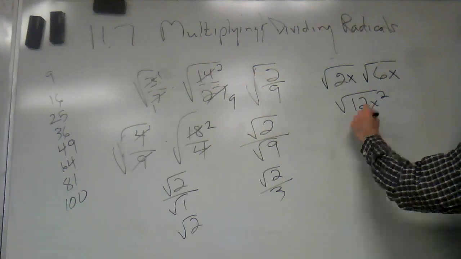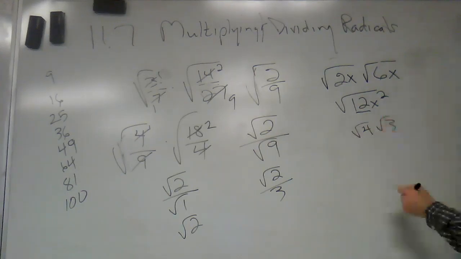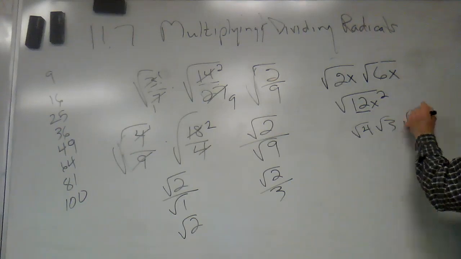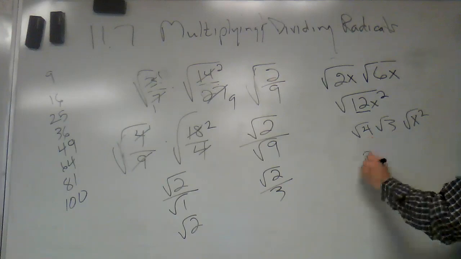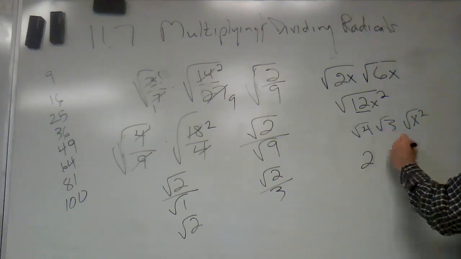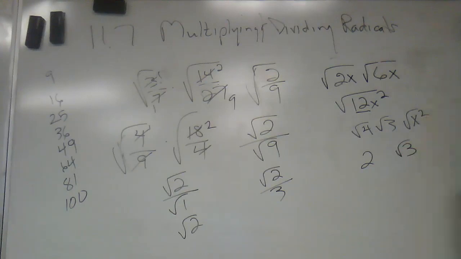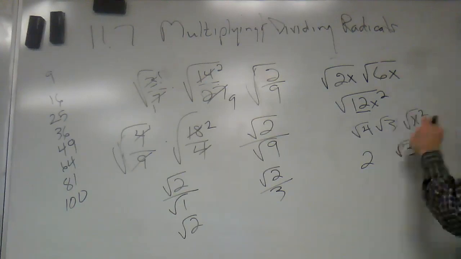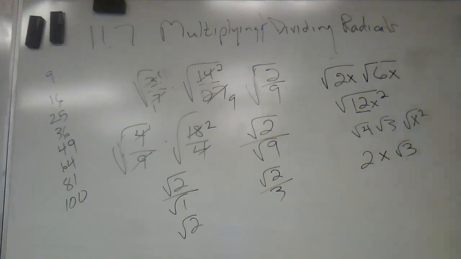So we can break that 12 down into 4 and 3, and we also have x squared. So let's start with 4. What would that give us? 2. 3 does not break down. X squared. What do we do with our power? Do you remember? Divide it by 2. So x squared divided by 2 is x to the first, or just x.